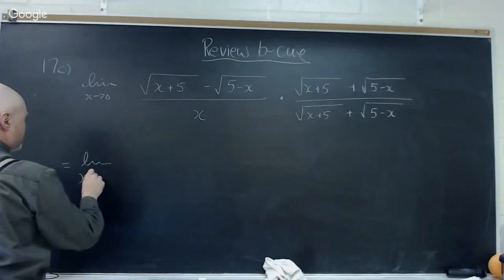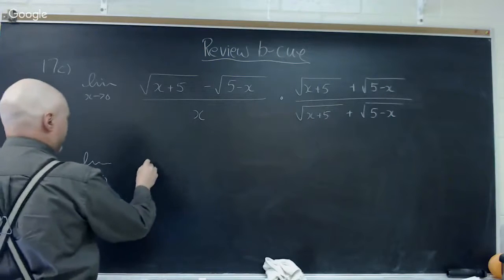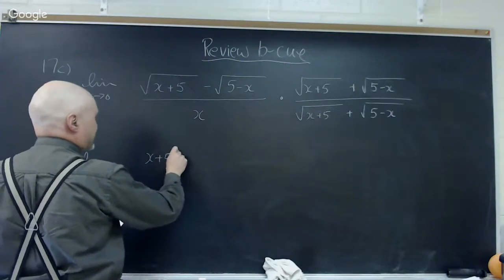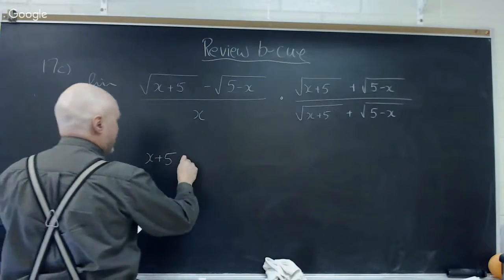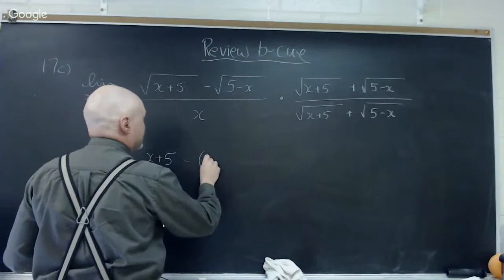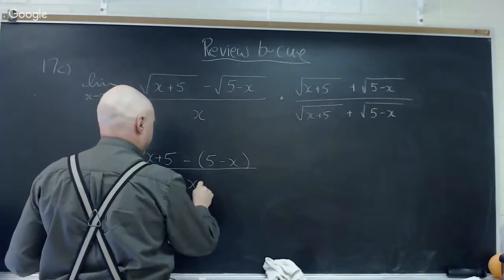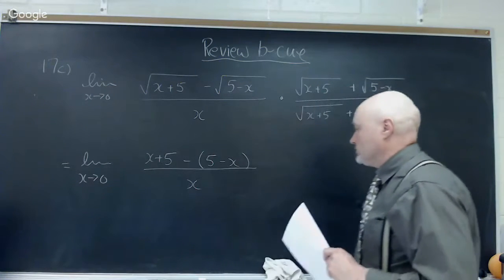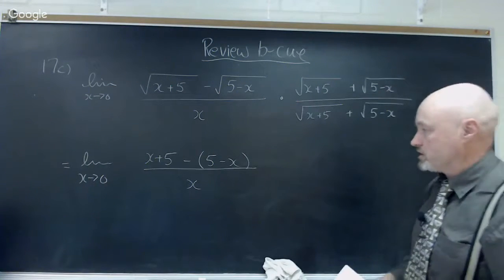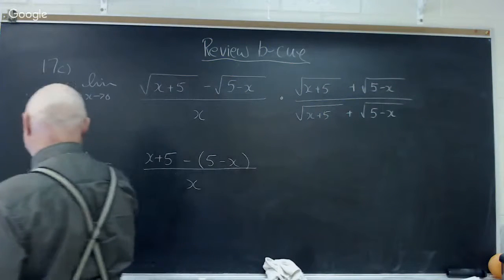Limit as x approaches 0 of this, and it becomes x plus 5 minus 5 minus x, and this is all going to be over x. Oh, look at this. What a thing of beauty is happening here.